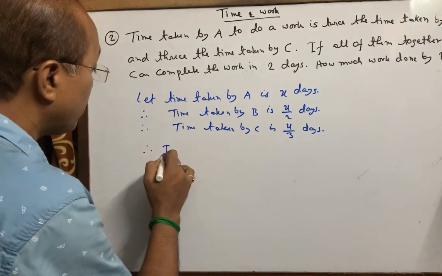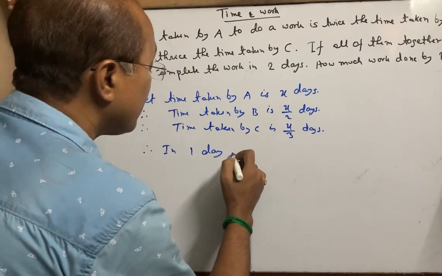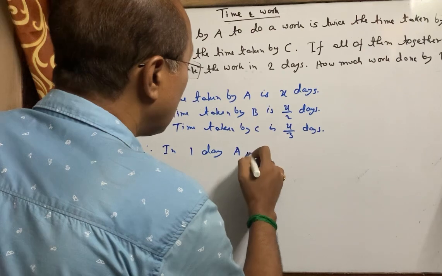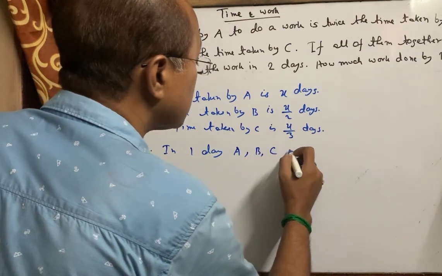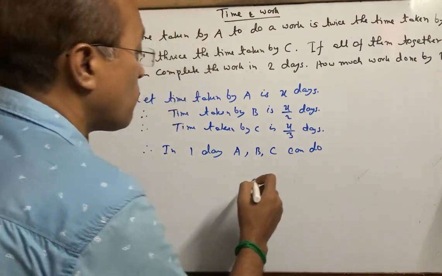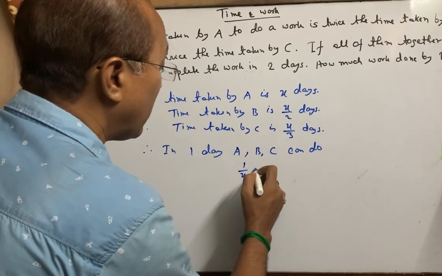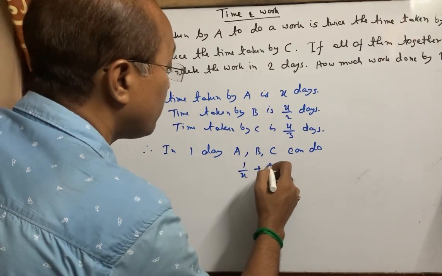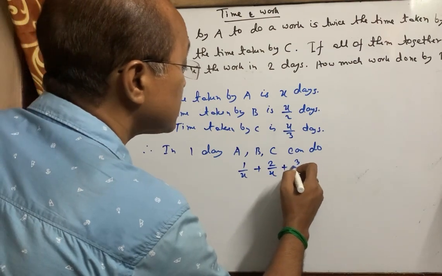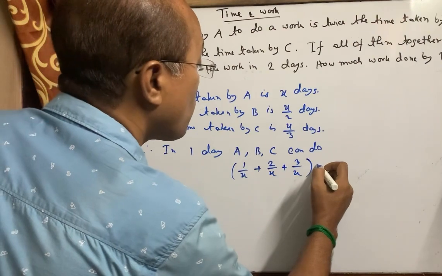Therefore, in 1 day A, B, C can do 1 by X plus 2 by X plus 3 by X part of work.